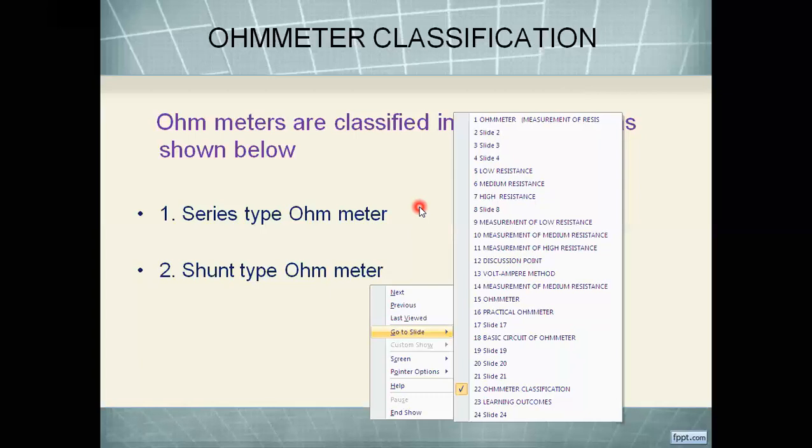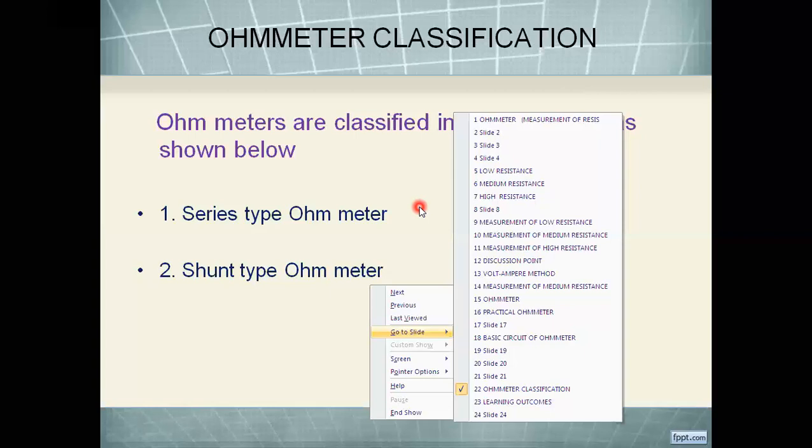And we have seen different methods to measure low resistance, medium resistance, and high resistance. We have also seen examples of low, medium, and high resistances. And we have discussed that Ohm's law will help us in measurement of resistances. Taking that into consideration, we have seen the volt-ampere method, which is also called the voltmeter-ammeter method.